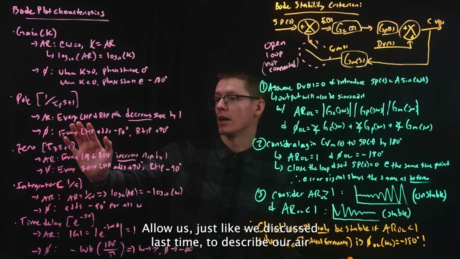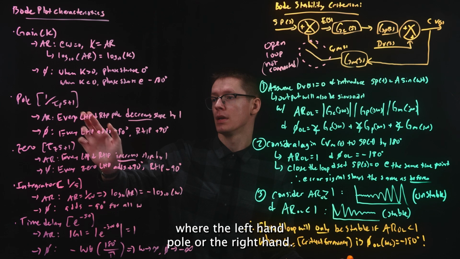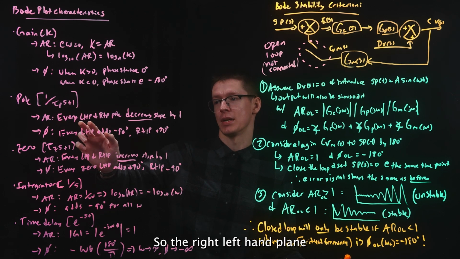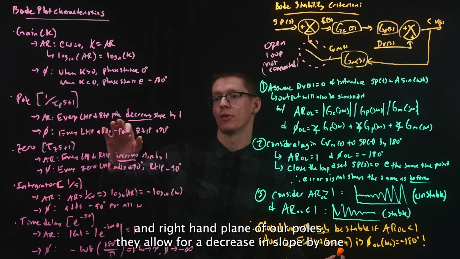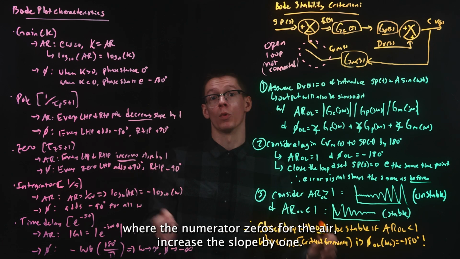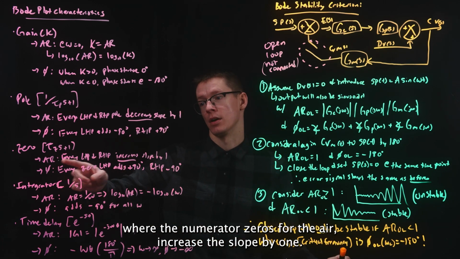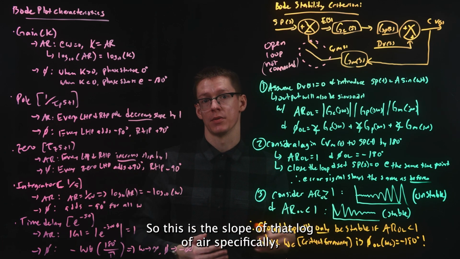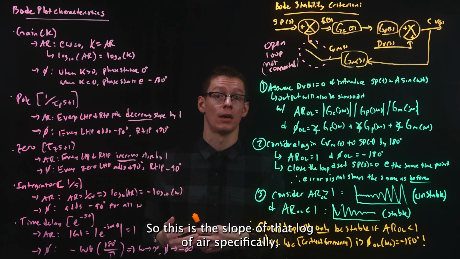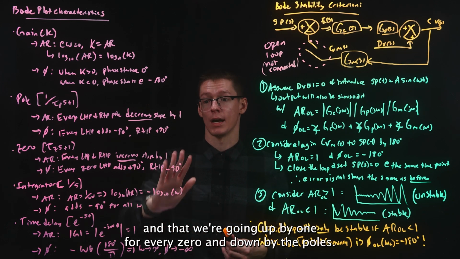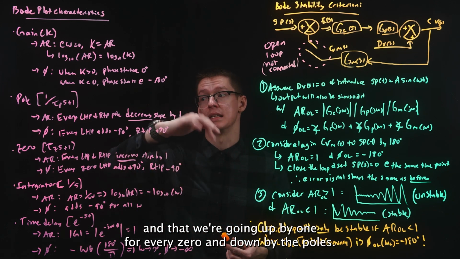Our poles, which are just in the denominator, allow us, just like we discussed last time, to describe our AR. The left-hand plane and right-hand plane poles allow for a decrease in the slope by 1, where the numerator zeros for the AR increase the slope by 1. This is the slope of the log of AR specifically, going up by 1 for every zero and down by the poles.